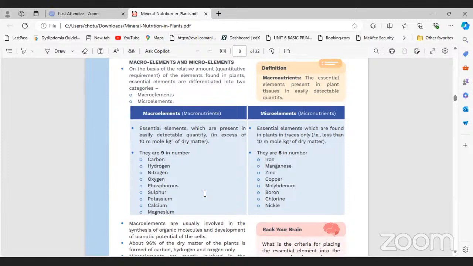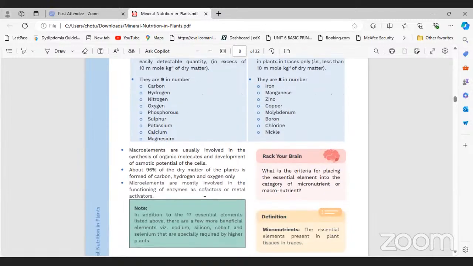Macro elements are usually involved in the synthesis of organic molecules and development of osmotic potential of the cell. About 96% of the dry matter of the plant is formed of carbon, hydrogen, and oxygen only.